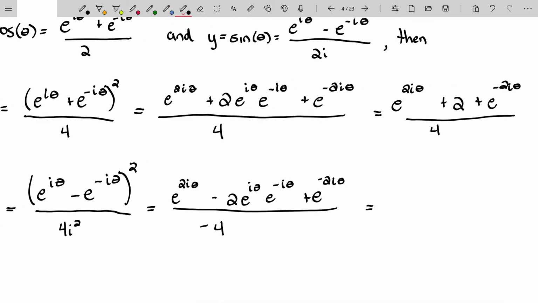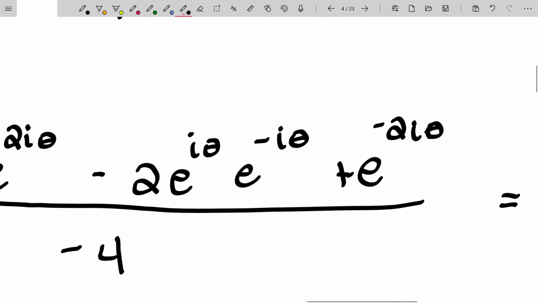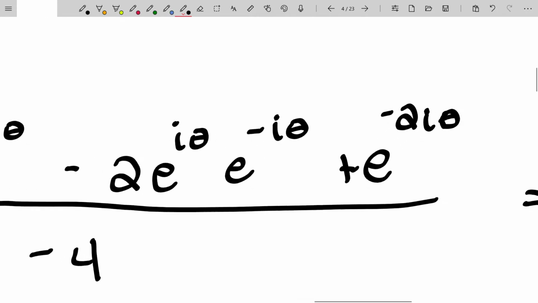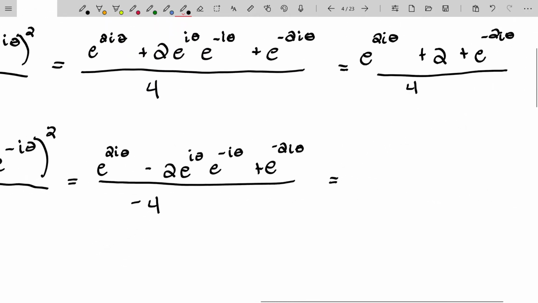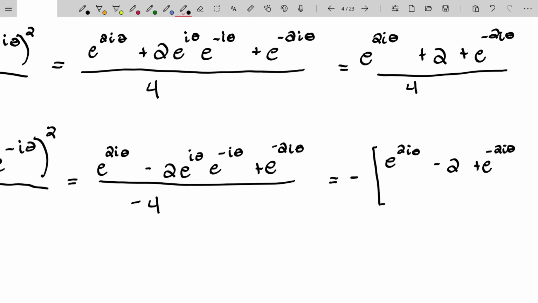And again, e to the i theta times e to the negative i theta, that's just a 1, so that middle term is going to be a minus 2 when everything's said and done. And what I'm going to do is factor this negative off the fraction. I dislike negatives in denominators, so I'll write this as a minus, and then we have e to the 2i theta minus 2 plus e to the negative 2i theta, and this is all over 4.